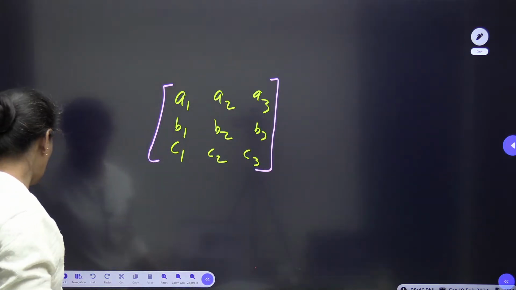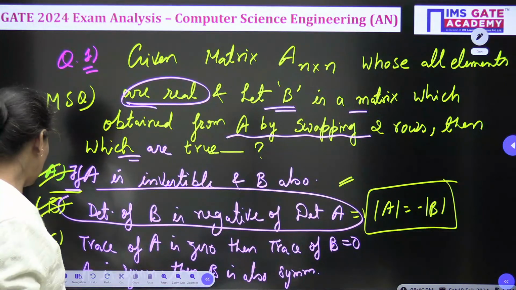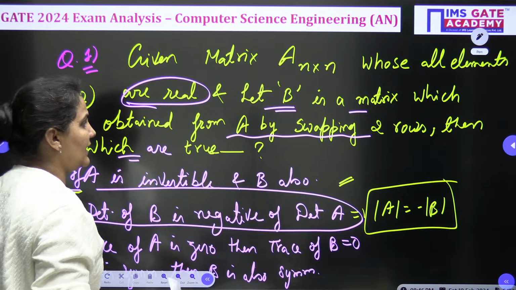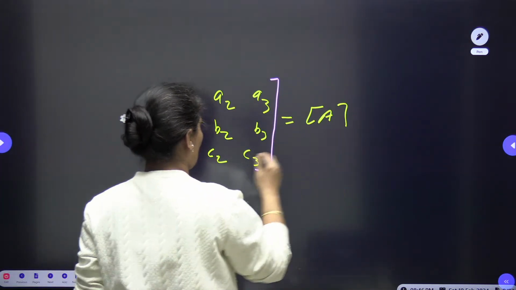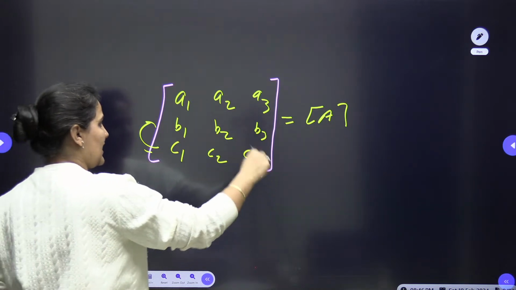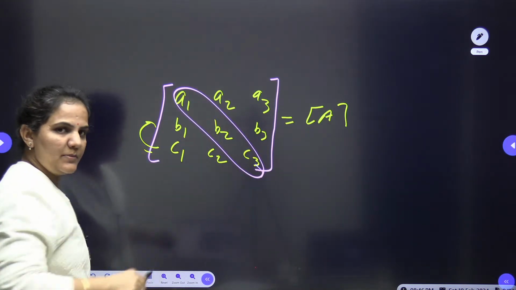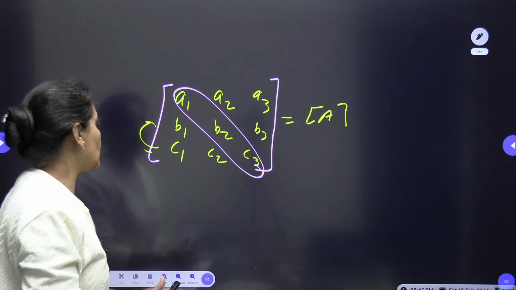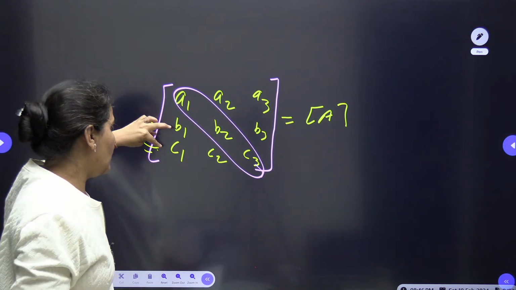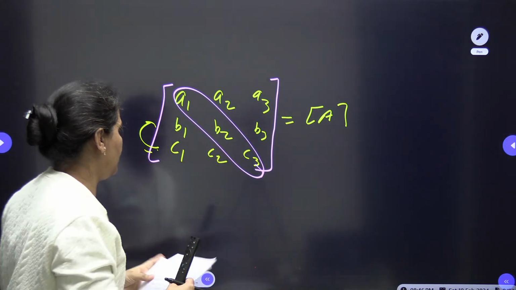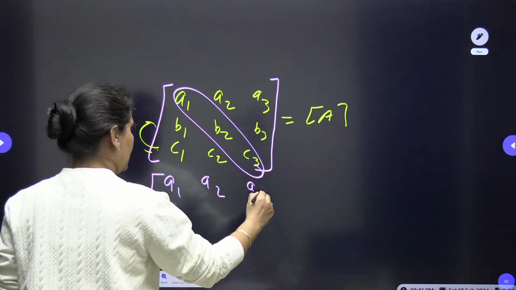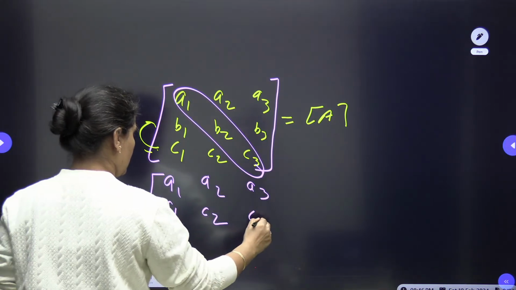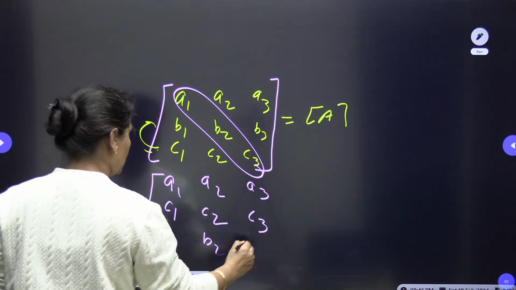As it is said, by swapping two rows you will get B. Here, if this is my A, the trace will be A1 plus B2 plus C3. If I swap these two rows, I get A1, A2, A3, C1, C2, C3, B1, B2, B3.